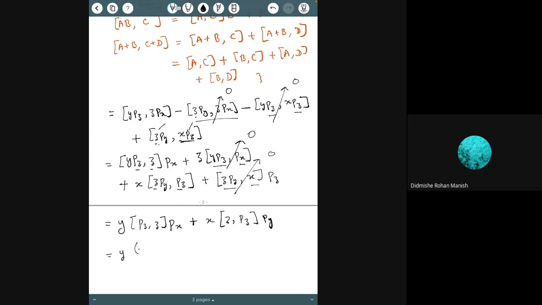Ma'am, why is the second and the fourth term becoming zero? I'm not able to understand. This one, these two. Yeah. So here you see, the only commutators which are non-zero are x p_x, y p_y, and z p_z.